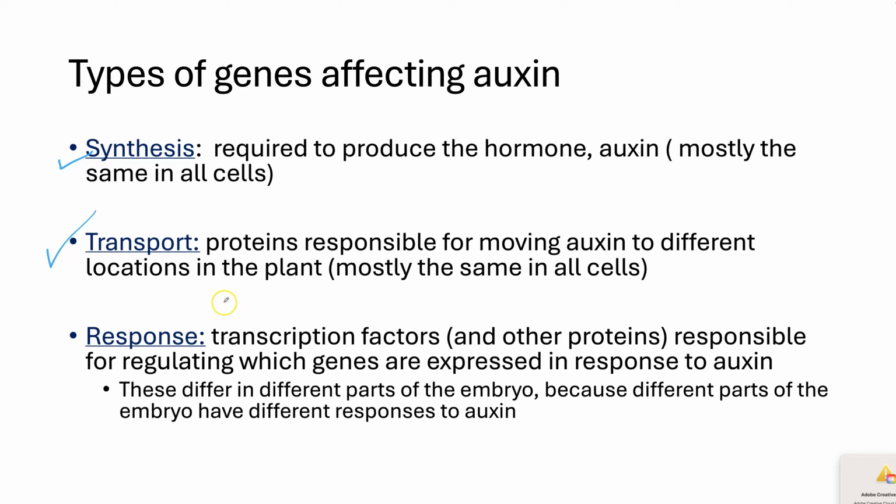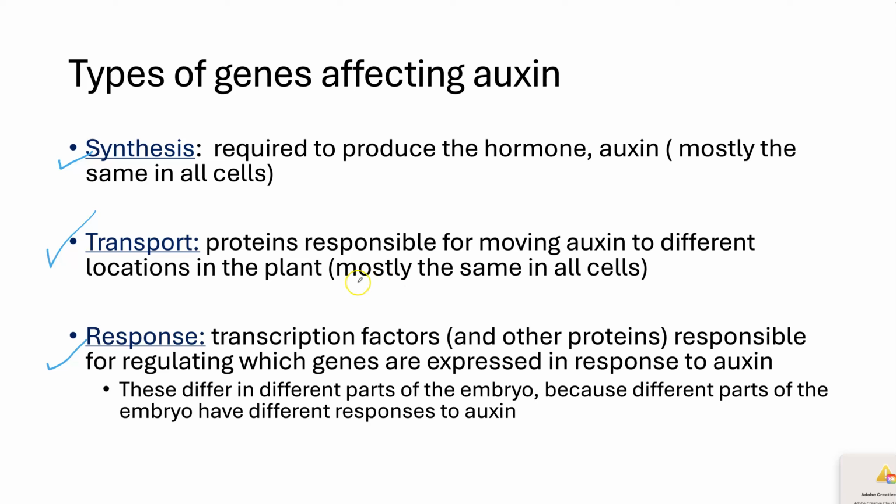So the transport is essential. If you lose the ability to move the auxin around in the embryo, you won't get proper development and then response. The transcription factors and some of the proteins that control those are responsible for regulating which genes get expressed. Now the synthesis and transport proteins, there's a small number of these, and most of them are pretty much the same in all cells.